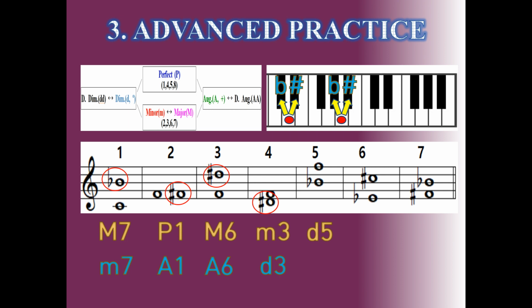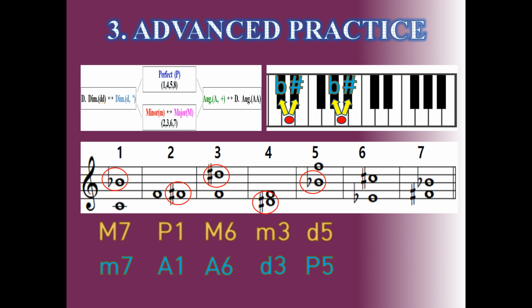Then will the interval increase or decrease? 자, increase, right? The lower note has a flat, increase. Then the diminished fifth interval increased, what will it be? Yes, this is perfect fifth.